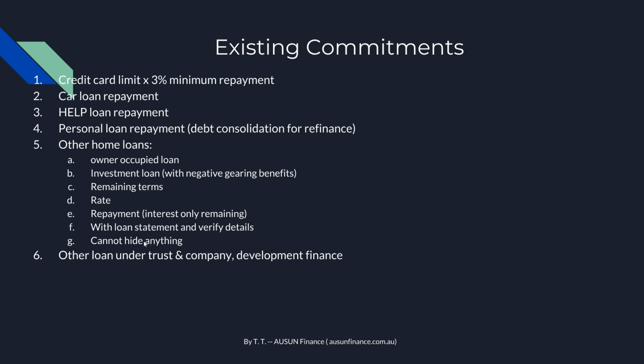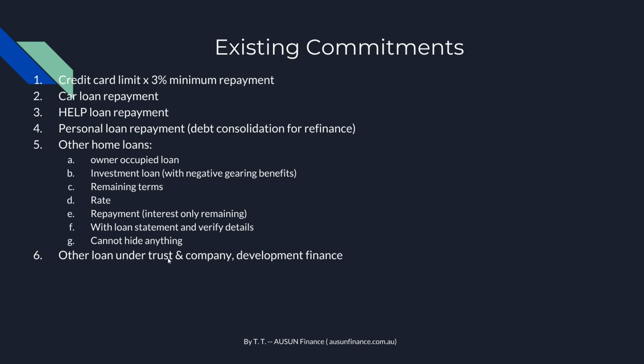You cannot hide any of this mortgage anymore, because the banks can see it through Veda check, credit report agencies, title search, and exchanging information among banks. So don't do that.